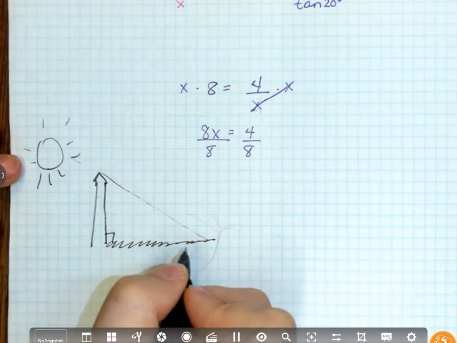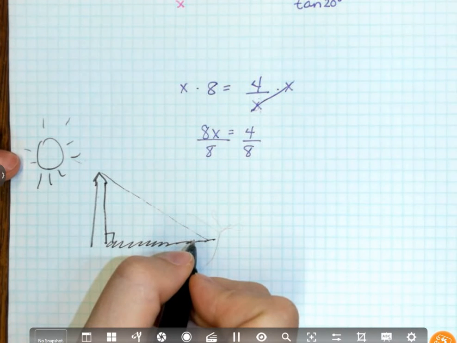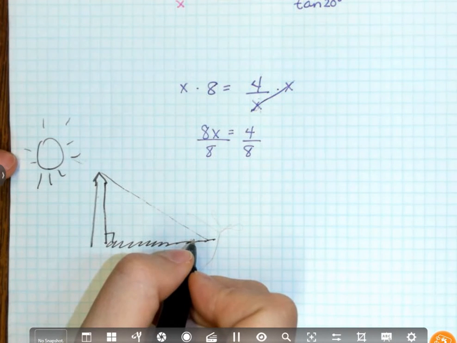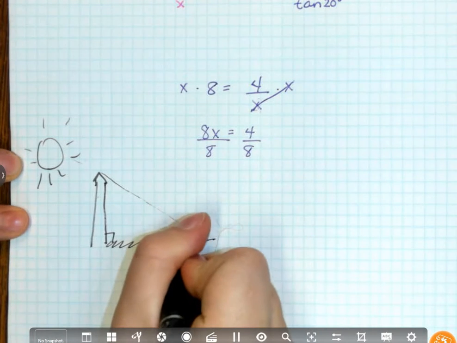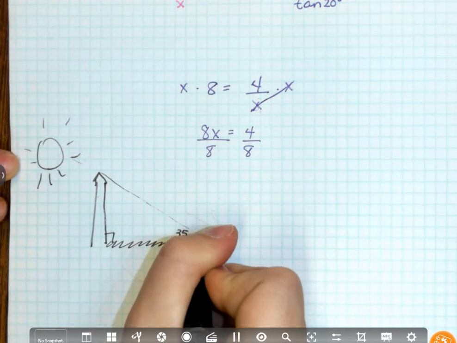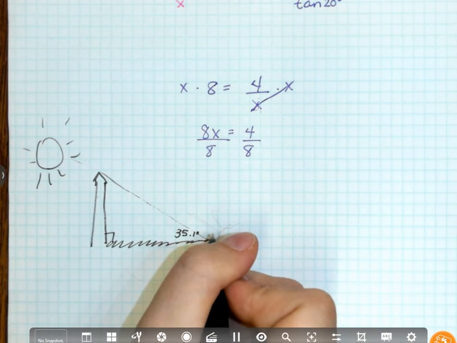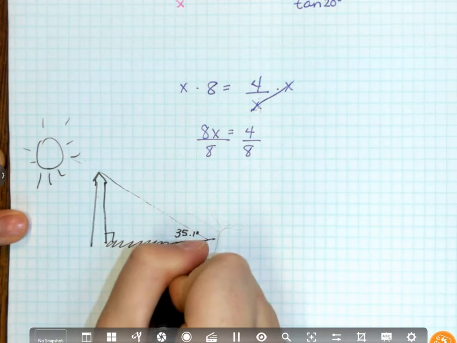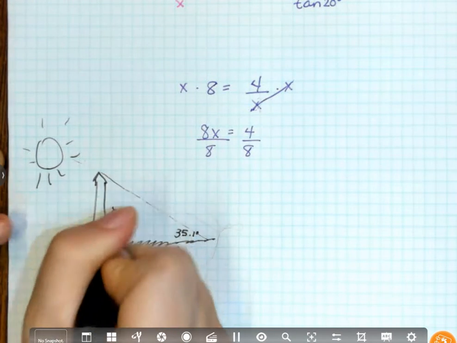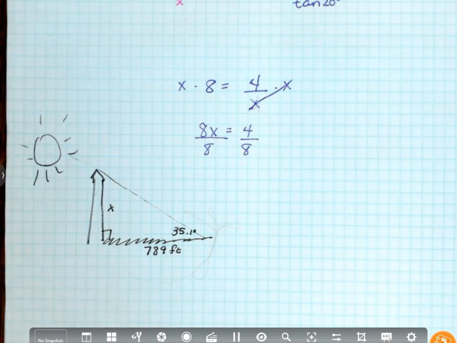Hopefully it's the right angle. It's going to topple over if it's not. The angle of elevation of the sun, again, angle of elevation, find your flat, is 35.1 degrees. So I guess that one makes all the difference. The shadow is 789 feet long. Find the height of the monument. Look at you doing extra problems.